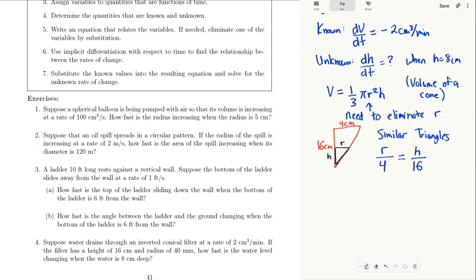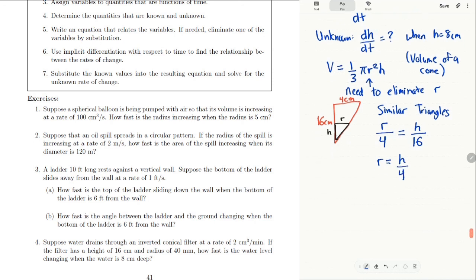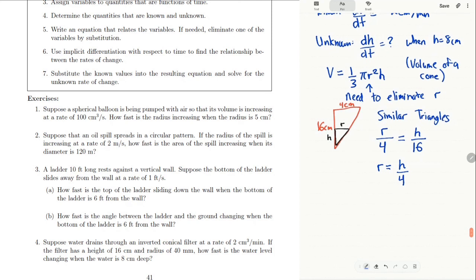So we have a relation between the radius of the water level as well as the height of the water level. If you were to solve for r in this equation, we multiply both sides by 4, and we get r is equal to h over 4. Now we can substitute this into our volume equation so that we eliminate the r variable.